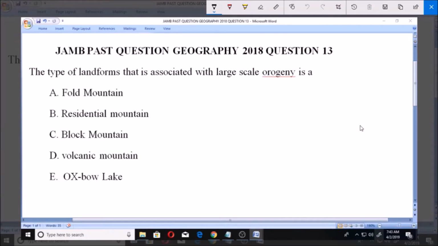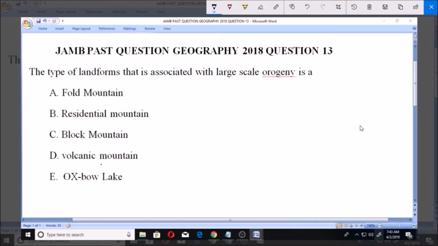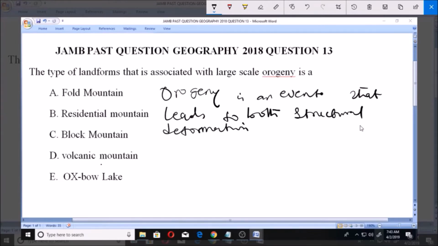Now, for us to be able to put this in context and locate the right option as the answer, we need to understand what orogeny is. The term orogeny is an event that leads to both structural deformation and compositional differentiation.